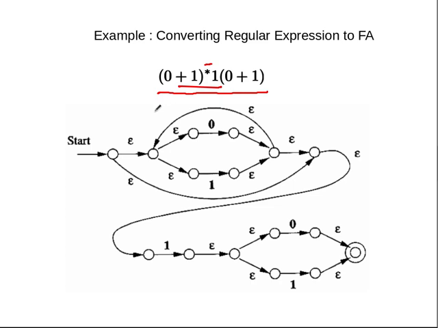So the question is, can we construct any regular language with the combination of these operators starting from these singleton sets? This is a singleton set, this is a singleton set. We are also allowed to have epsilon as a set, and phi.